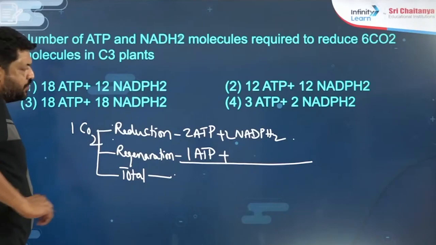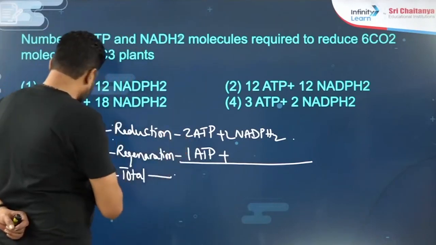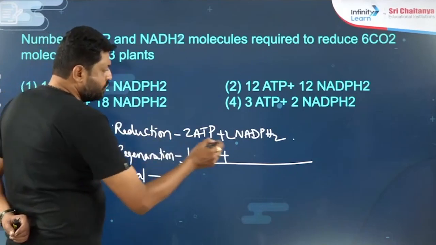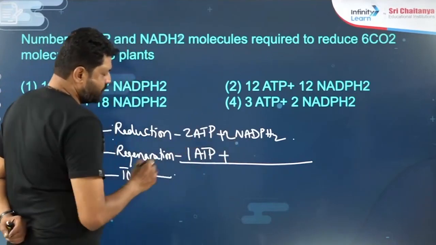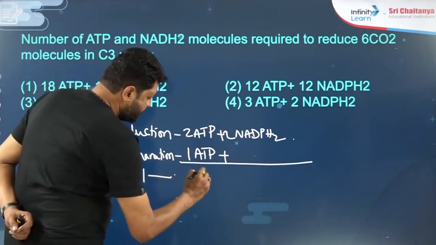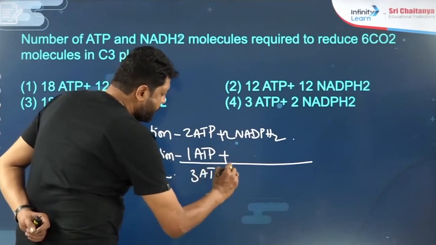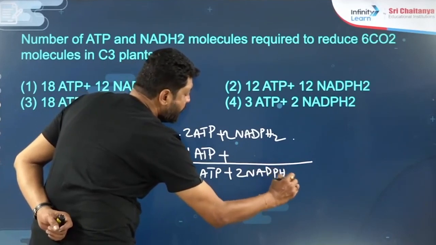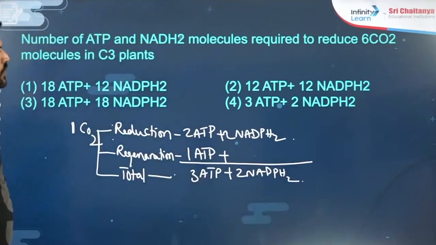For reduction of 1 CO2, ATP is required and NADPH2 is required. So in total 3 ATP plus 2 NADPH2 are required for the reduction of 1 mole of CO2.